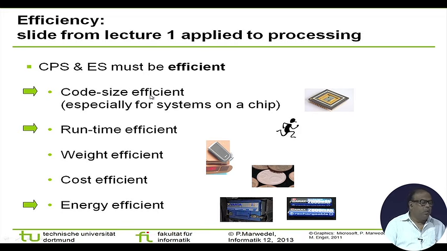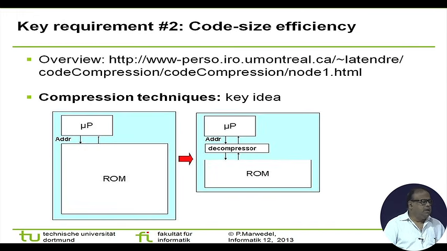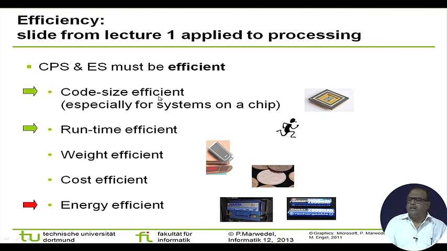We are talking about code size efficiency, because code size efficiency is also important for the system on a chip. I cannot have as much memory as I like. Then runtime efficiency for speed, and energy efficiency. So, I will be talking about how we can handle code size efficiency.